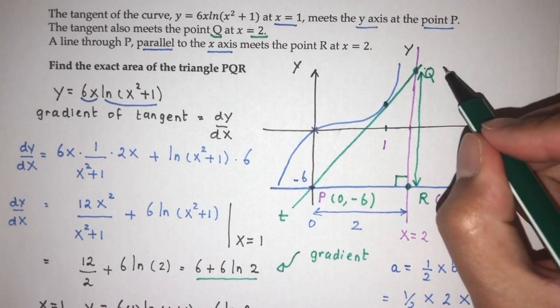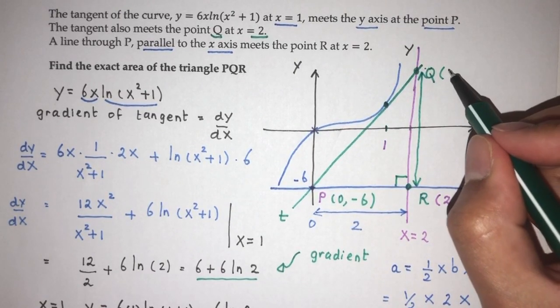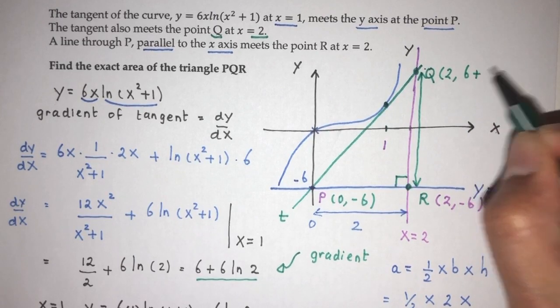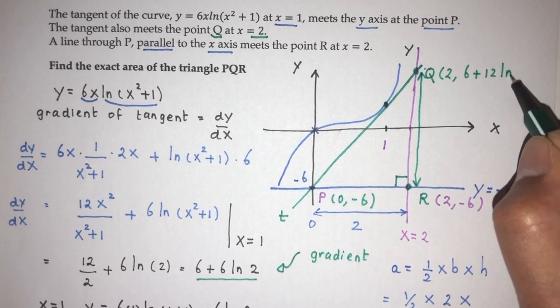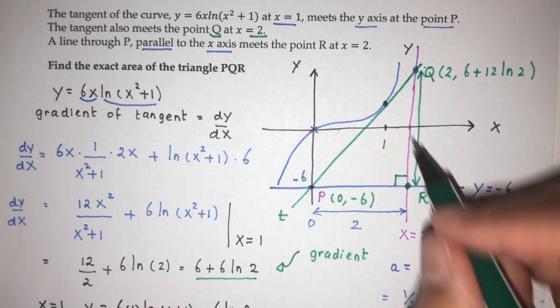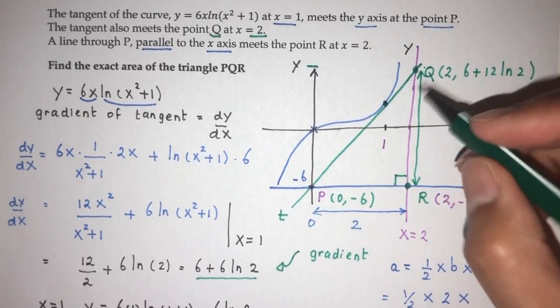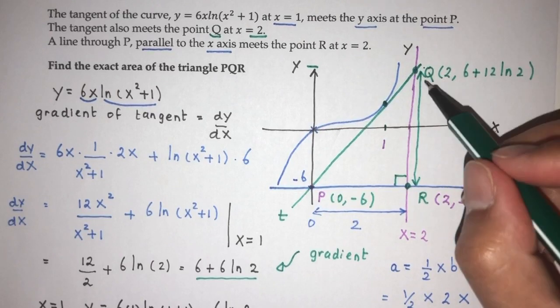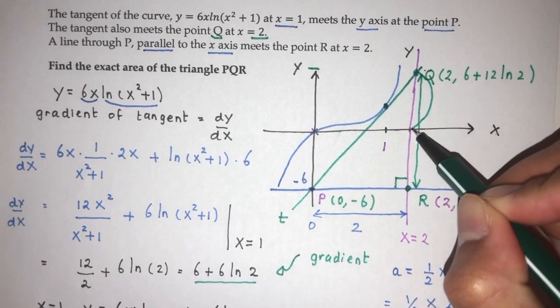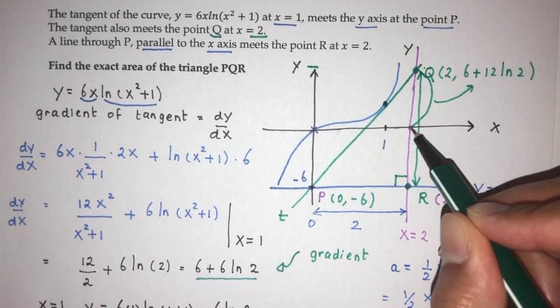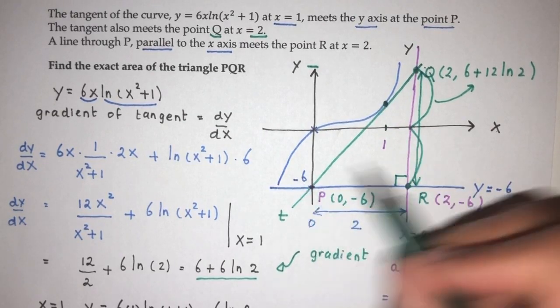Right, so the point Q has been found to be (2, 6 + 12 ln 2). Okay, so this is 2, the y value here is this one. So first we can write down this height has to be what? This height is this, and this height has to be 6.